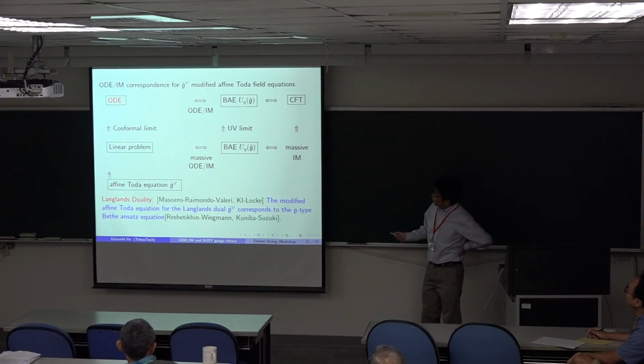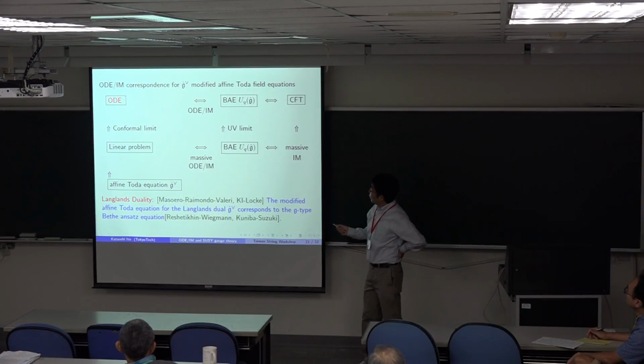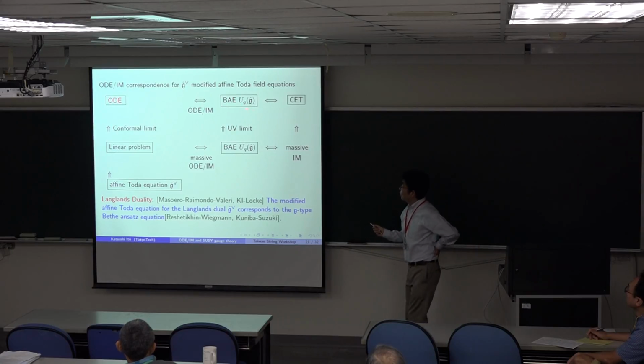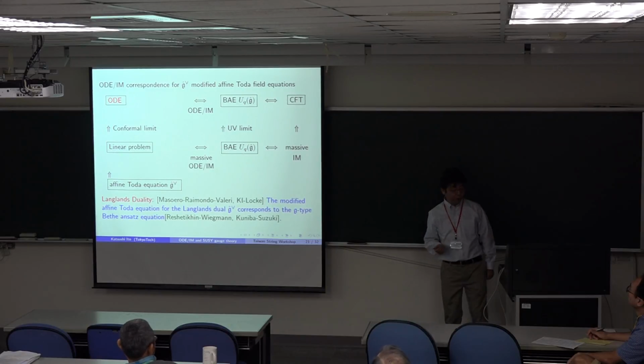But if we take the conformal limit, we will have some ODE. This is a generalization of Dorey-Tateo, and we can have some ODE/IM correspondence. That gives some massless integrable models, certain CFTs, with this correspondence. So an interesting feature is some Langlands duality.